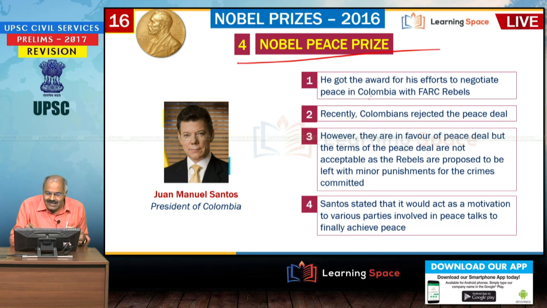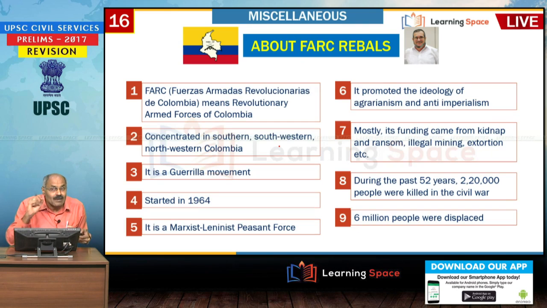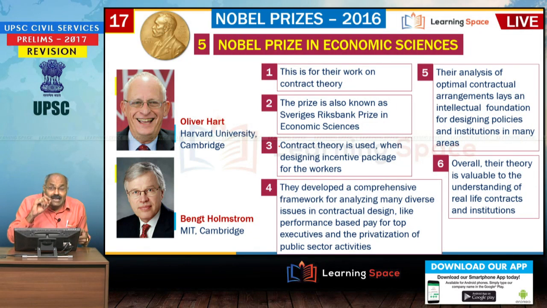The Nobel Peace Prize went to Juan Manuel Santos, President of Colombia, for the peace deal with the FARC rebels, and I have given notes about the FARC rebels, please go through it. The Nobel Prize in Economic Sciences has gone to contract theory.